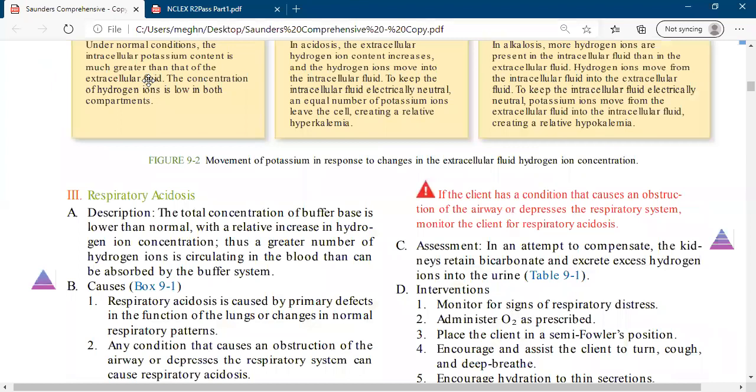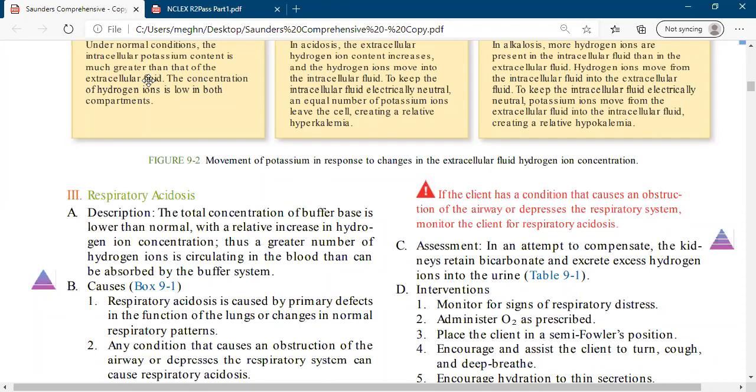So I'm just going to focus on the red notes from this book because it is too big. It is not possible to cover every sentence, but I'm trying to focus on what is needed for the NCLEX board. They said if the client has a condition that causes an obstruction of the airway or depresses the respiratory system, you see the first two lines, the problem is in the respiratory system.